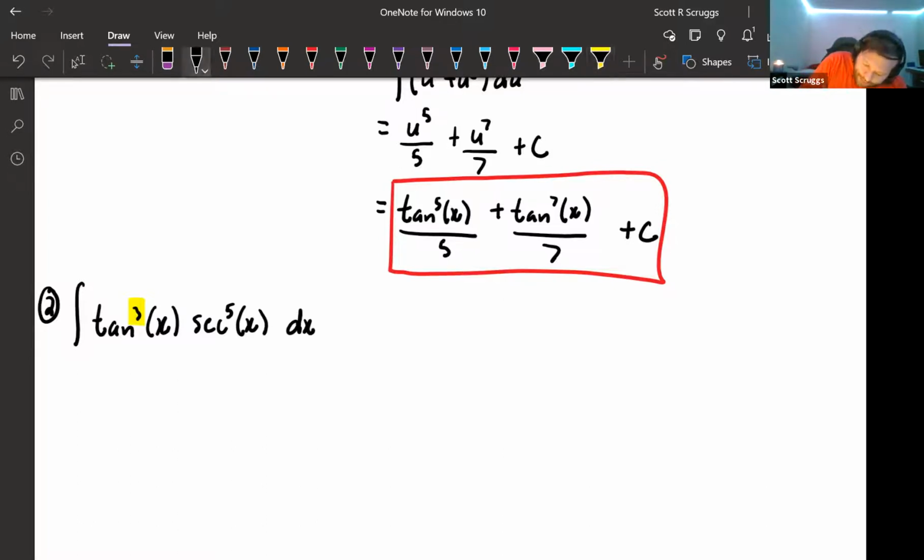So what I'm going to do is, if I see the power married with tangent being odd, I'm going to take a power away, but I am going to be selfish, and I'm going to take a power away from tangent, and I'm taking a power away from secant.